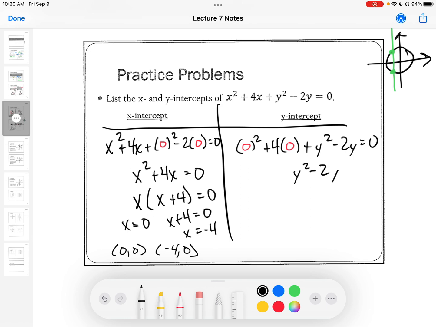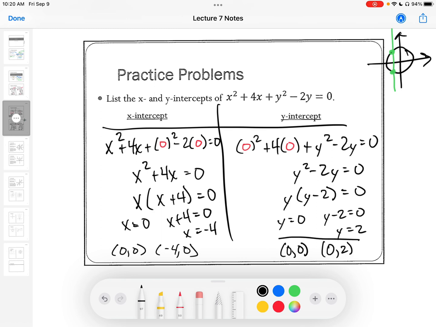So all that is y squared minus 2y equals 0. Again, just pulling out the y that they both have in common. And I get y equals 0. Y minus 2 equals 0, which is just y equals 2. So my y-intercepts are (0, 0), and (0, 2).